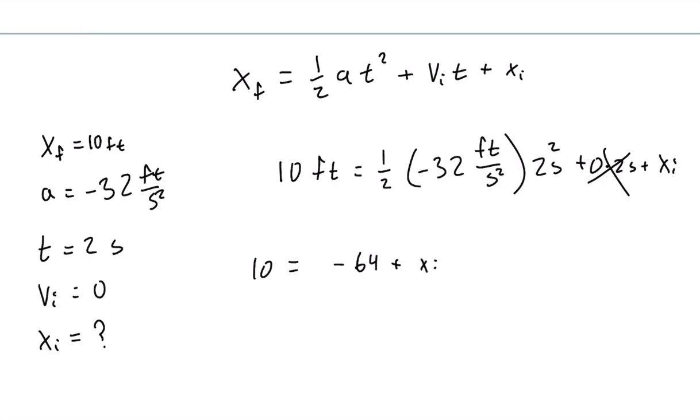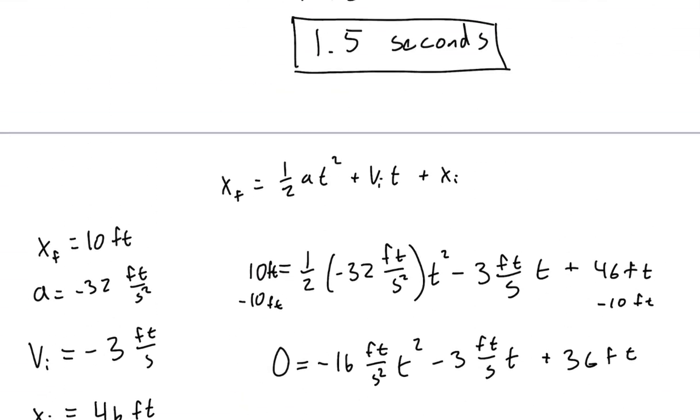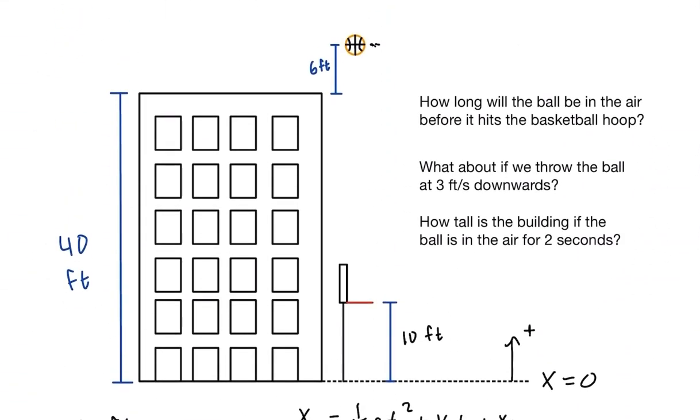Okay, now the way this all works out, right here, we have seconds squared, and we're multiplying them by seconds squared. So this unit is going to be feet. This unit's also still going to be feet. Okay, so now we're going to add 64 to this side. So we have 74 feet equals x initial. Okay, so that's 74 feet above the ground.